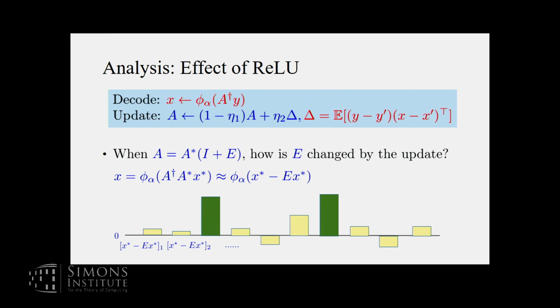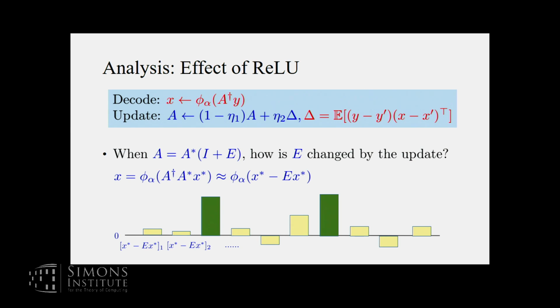Now let's look at the entries of this x star minus E times x star. It looks like this. The green bars stand for the non-zero entries in the ground truth x star, and the yellow ones are just the noise introduced by this second term.